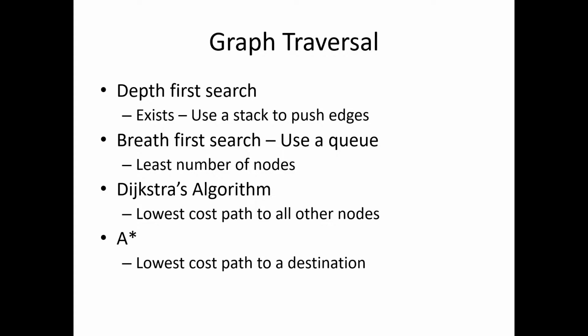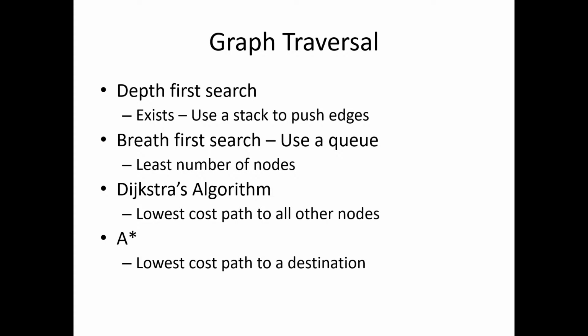What distinguishes these algorithms is which nodes on the graph you search next. With a depth-first search, you start at one root node, and then you expand one of its child nodes, one of the nodes connected to it, and then you expand one of its child nodes, and so on down until you reach what's called a leaf.